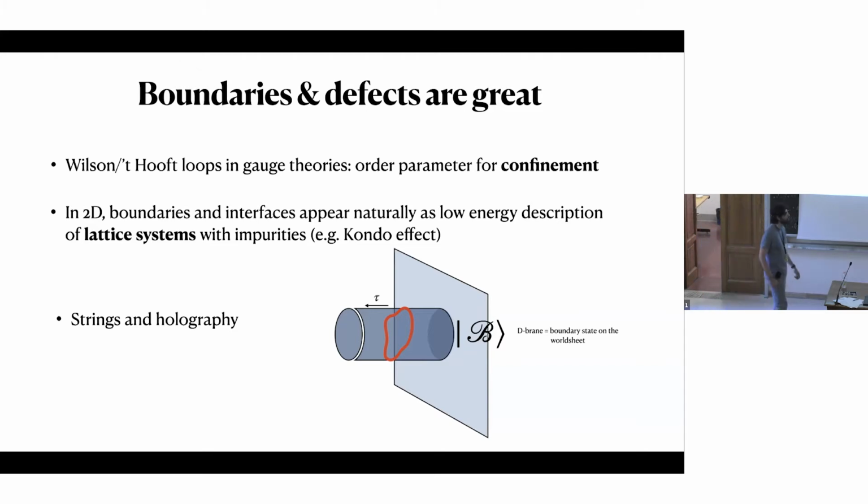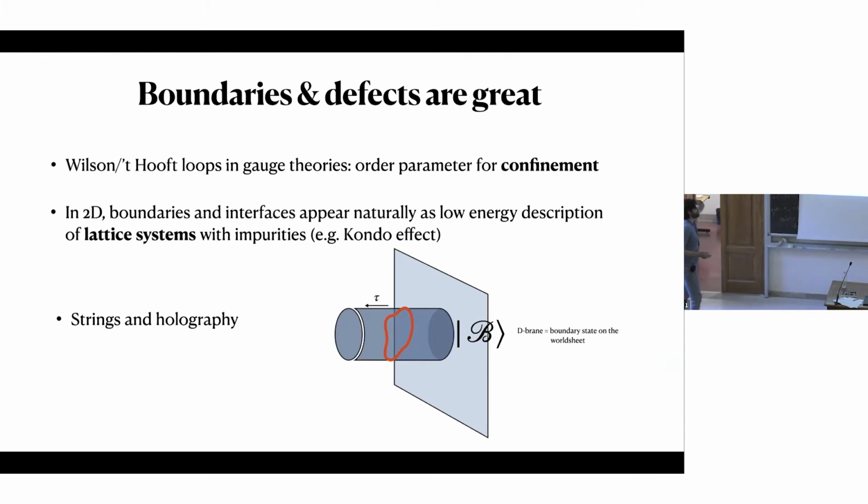In lattice systems, putting in defects is also important; one famous example that was important in the study of the RG was the Kondo effect, which is when you have a lattice and you put in an impurity. And then in high energy physics, like string theory, boundaries are nothing else but D-branes, which are certain extended non-perturbative objects that exist in string theory.